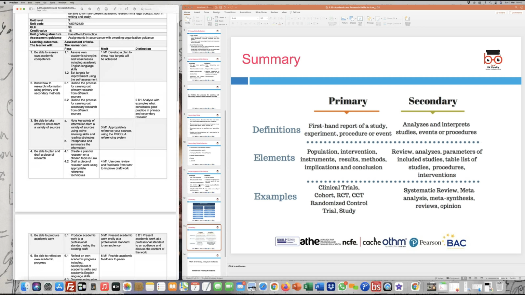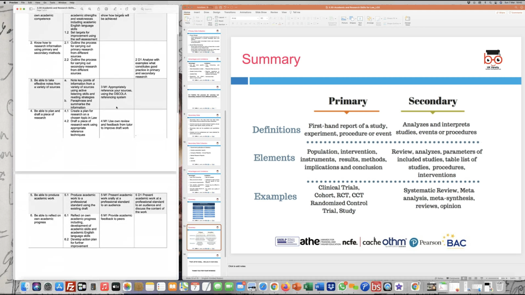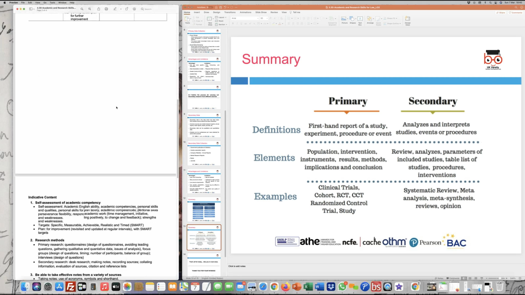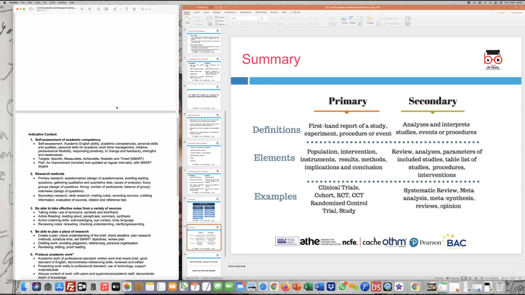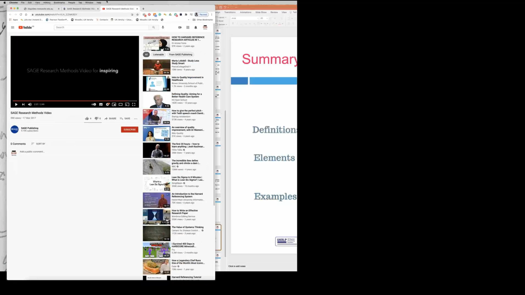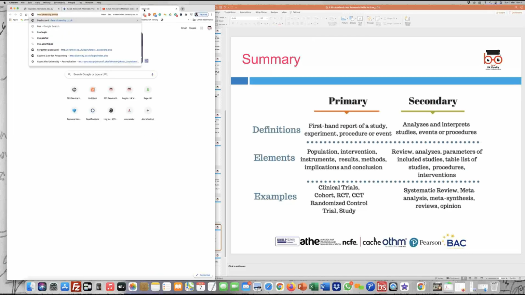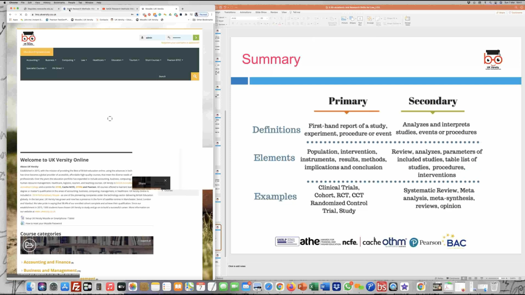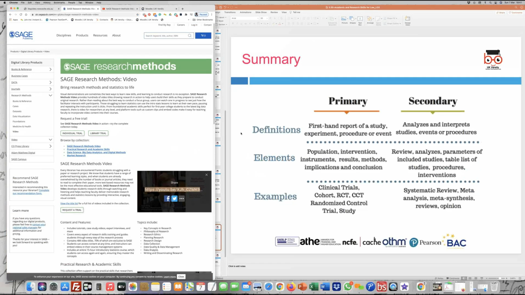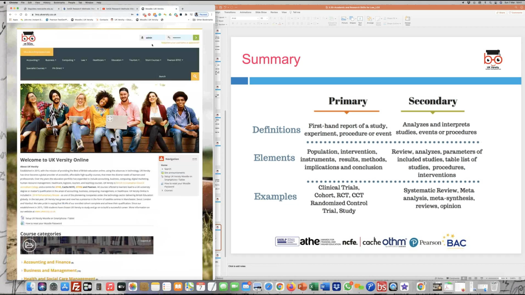So with this, probably I will end this session today, because we've covered the basic essence of what we needed to look at in Learning Outcome 2, and the idea would be to go through the bits which are on Moodle, this particular presentation, and the video that I showed from Sage Research at the start of this discussion today, which would give you some idea into why research is considered a science, why it is very important, and why it is something which touches us in all facets of our life.